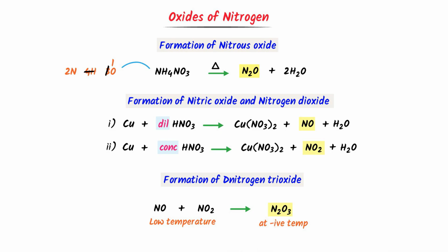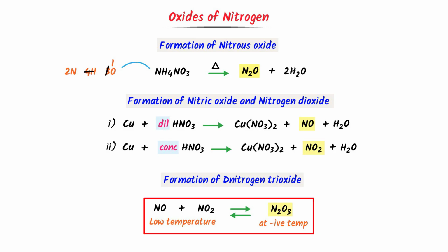Its color is pale yellow. At room temperature, it breaks down to nitric oxide and nitrogen dioxide. Thus remember that when nitric oxide and nitrogen dioxide react together at very low temperature, they form dinitrogen trioxide.